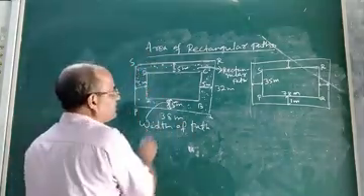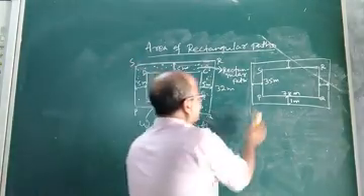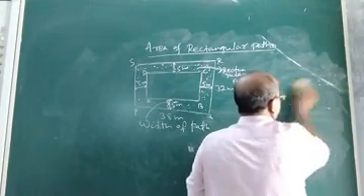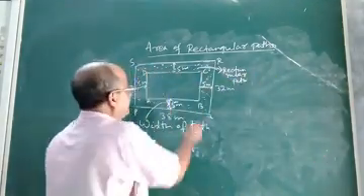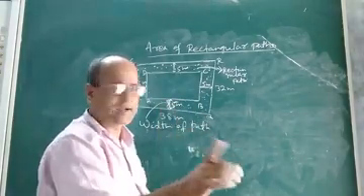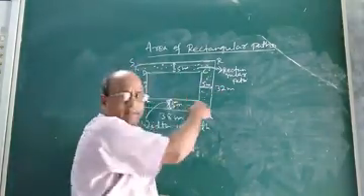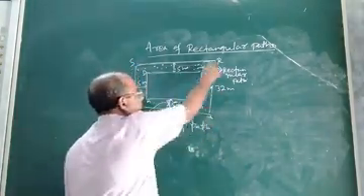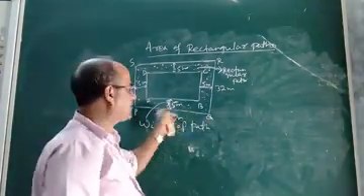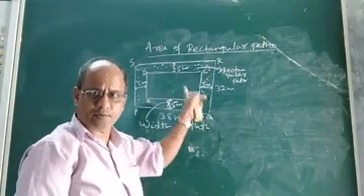Now see children, to find the area of this rectangular path, what we will do? We have to find the area of the outer rectangle. Outer rectangle means PQRS. First find the area of the outer rectangle, that is PQRS.